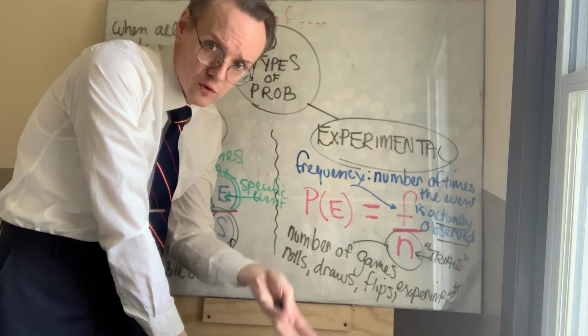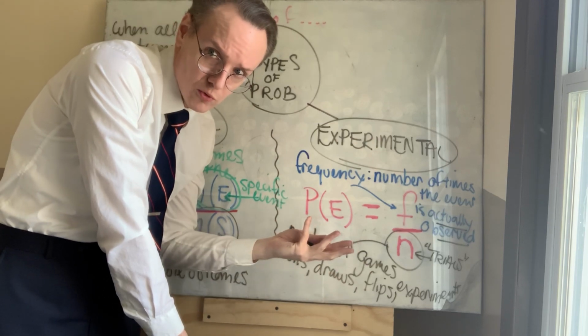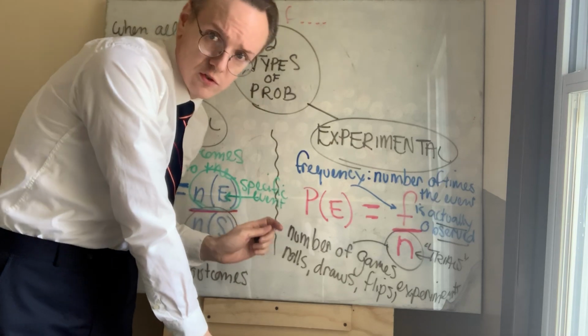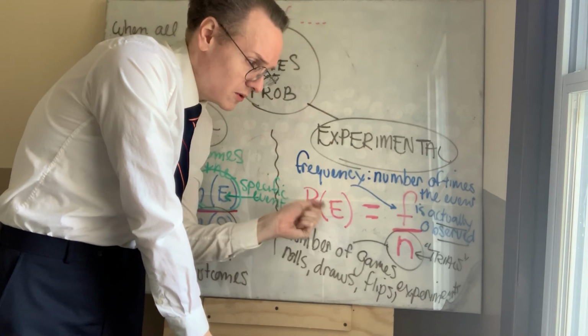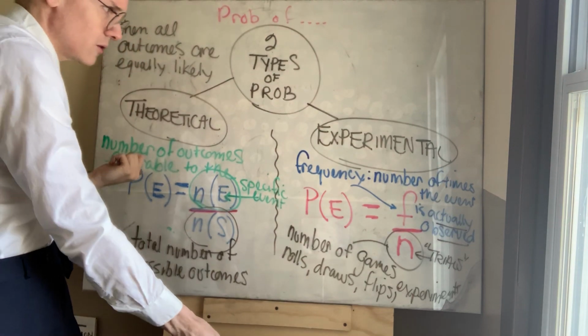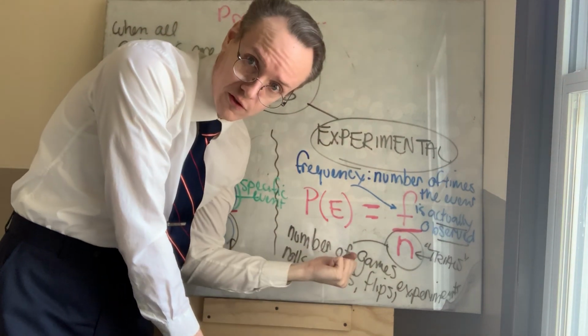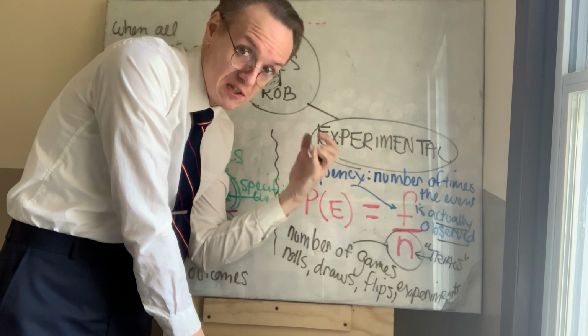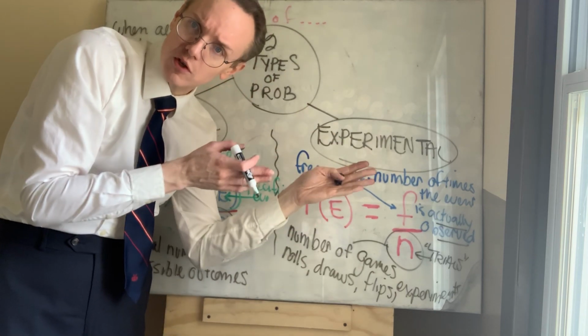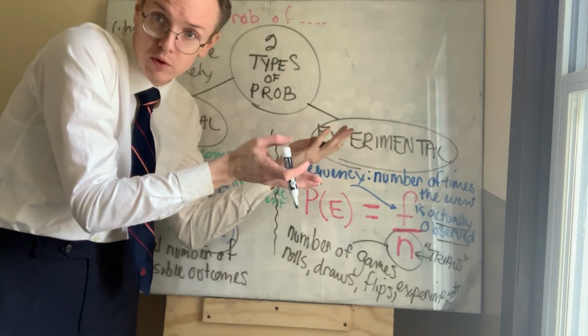There's a definition in your textbook called the law of large numbers, which means that these two things will be different for individual results. If you have only a few trials, you're really not going to see the same number as the theoretical probability. But if you do really, really large amounts of the experiment, eventually they will coincide. They will be the same number, or at least very close to it.